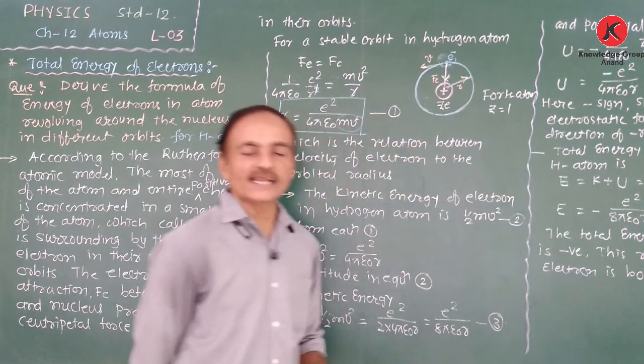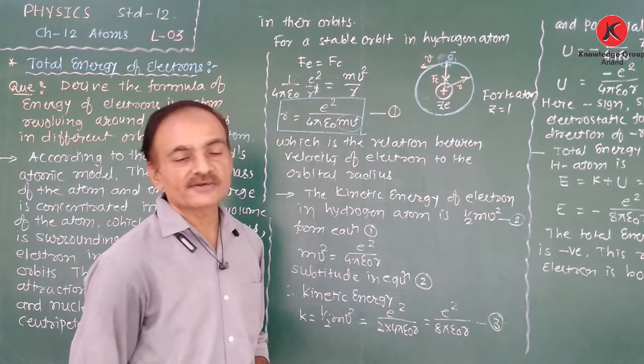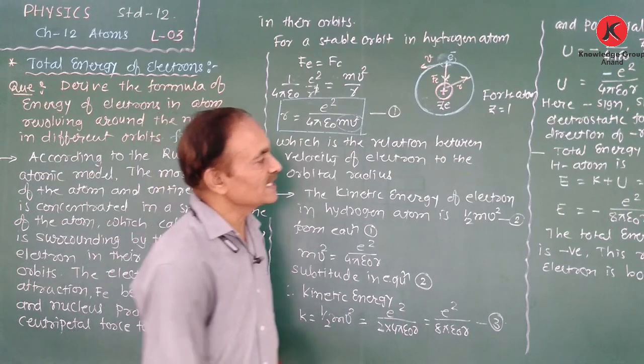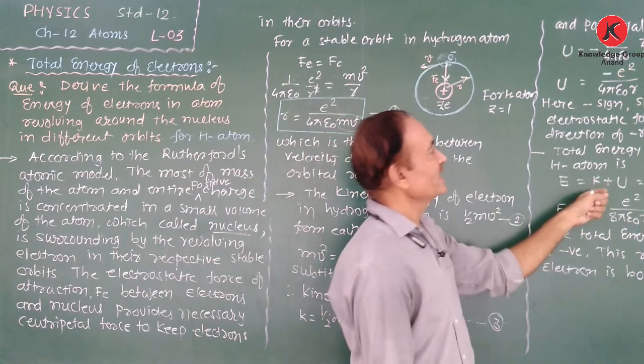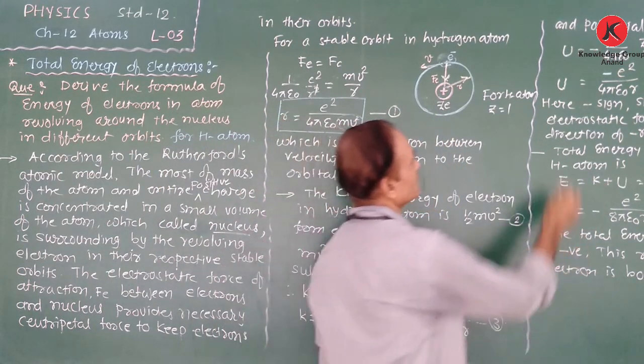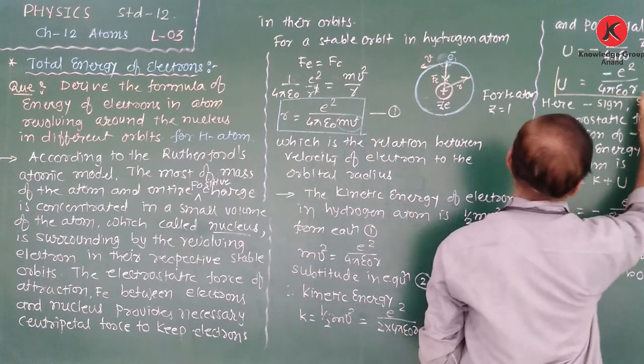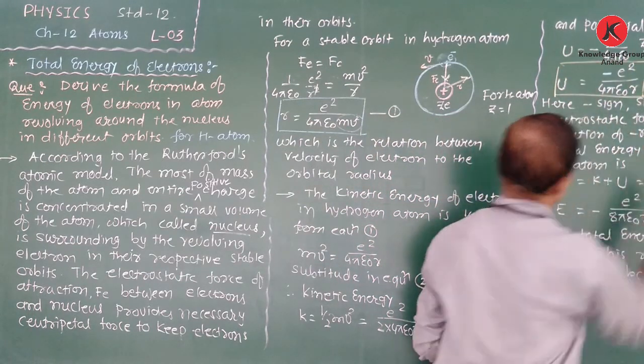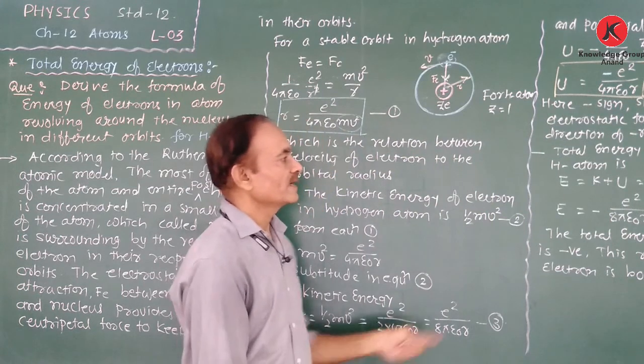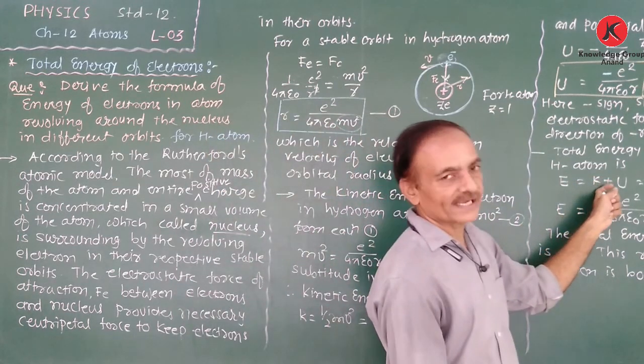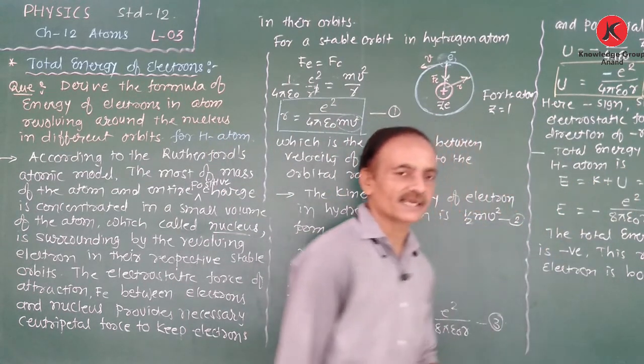Now, the total energy of the electron in hydrogen atom. Total energy is the addition of the kinetic energy plus potential energy. Therefore, E is equal to kinetic energy plus potential energy.